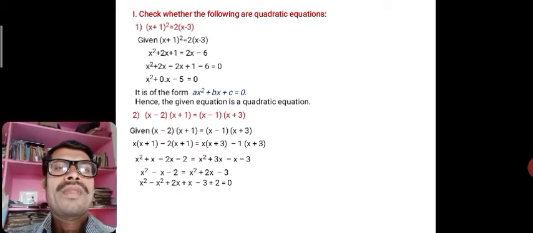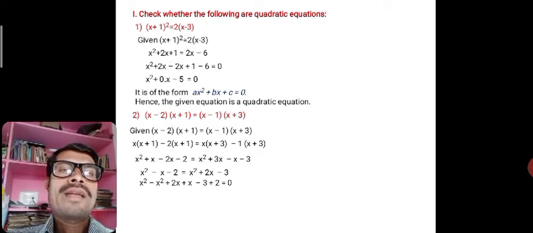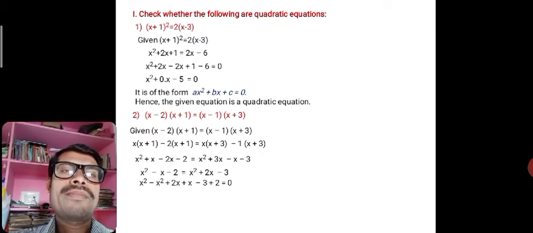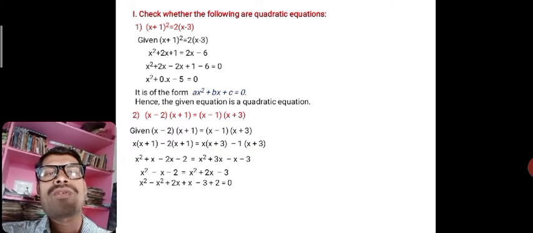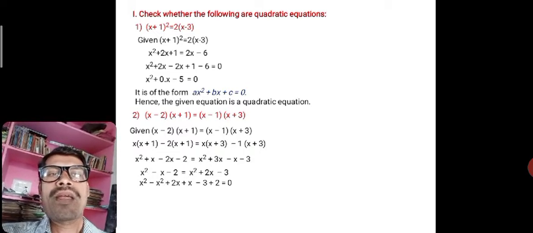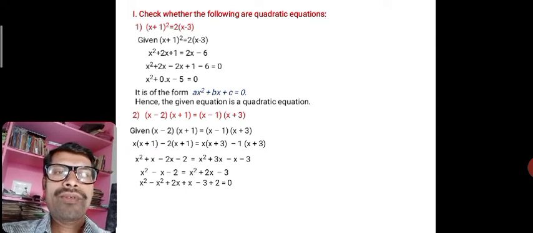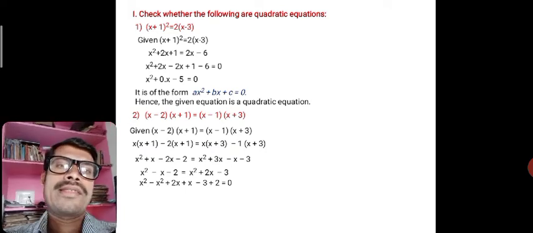Now x square minus x square plus 2x plus x minus 3 plus 2 is equal to 0, it will become. That means you take that x square minus x minus 2, that leads to this one. That is, signs change here.